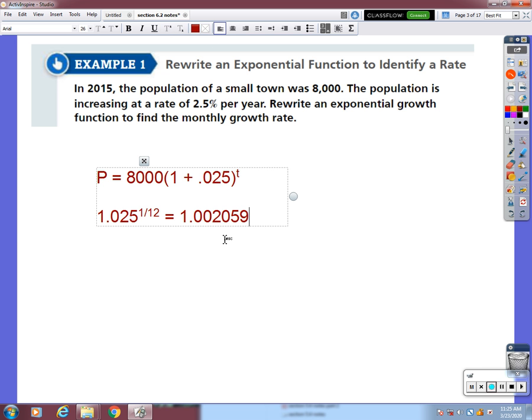That means our monthly growth rate, if I take this and move the decimal over 2 places, would be about, I guess we can just go with all the decimals here, 0.2059% per month. If we do that per month, then we'll end up with a 2.5% growth rate over the course of the entire year.